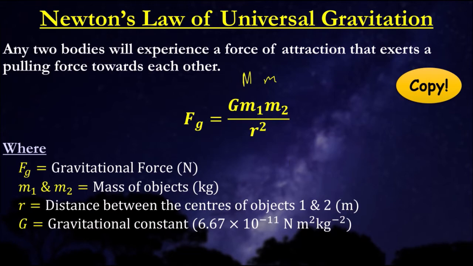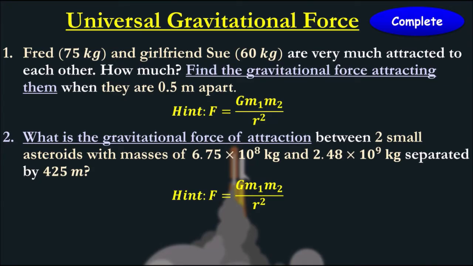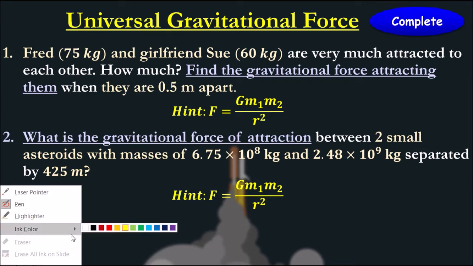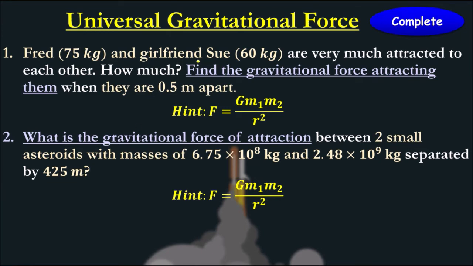Okay, so let's go to the calculations. All right, so we have Fred and his girlfriend Sue, very much attracted to each other, but by how much? Find the gravitational force attracting them when they are 0.5 meters apart, and do the exact same thing for 2 asteroids. This is relatively straightforward substitution. You already know what the constant is.